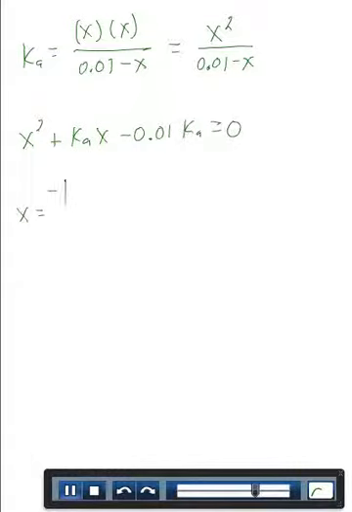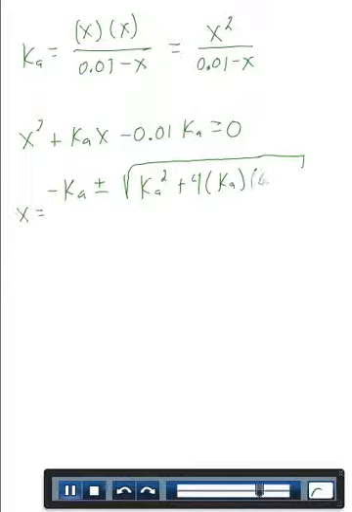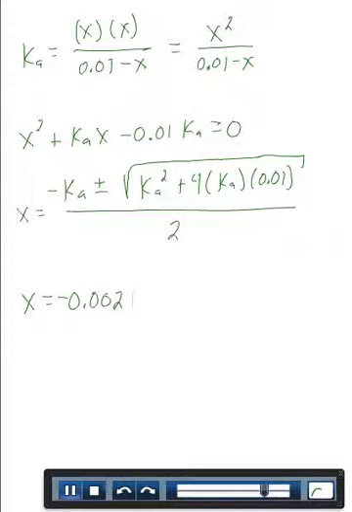Using the quadratic formula, I'll get two values for X. One value will be negative 0.0021, and the other value will be 0.0017.